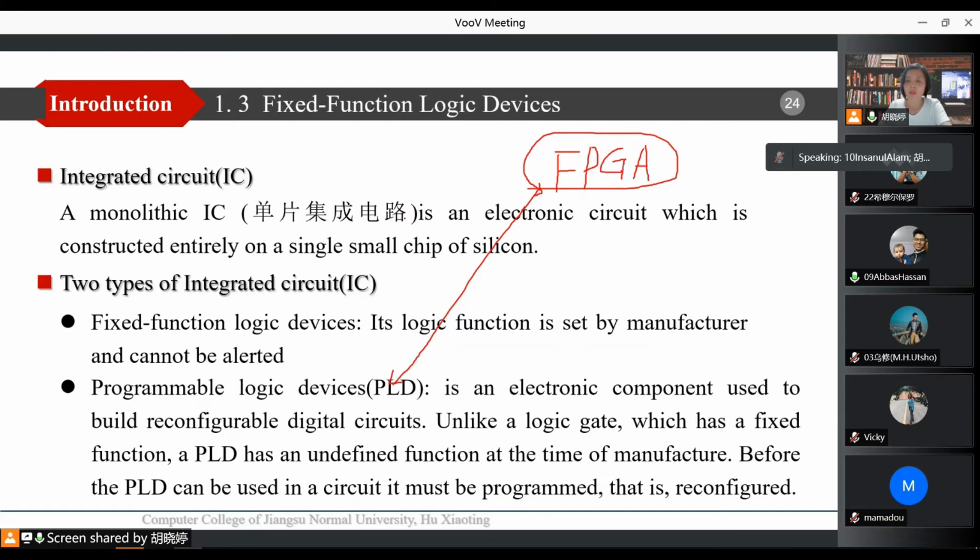Yes, it's used in embedded systems, right? Yes, you're right. You can use C or C++, or VHDL to write your code and then download your code into the FPGA, and this FPGA will implement the function that you programmed. Do you understand?